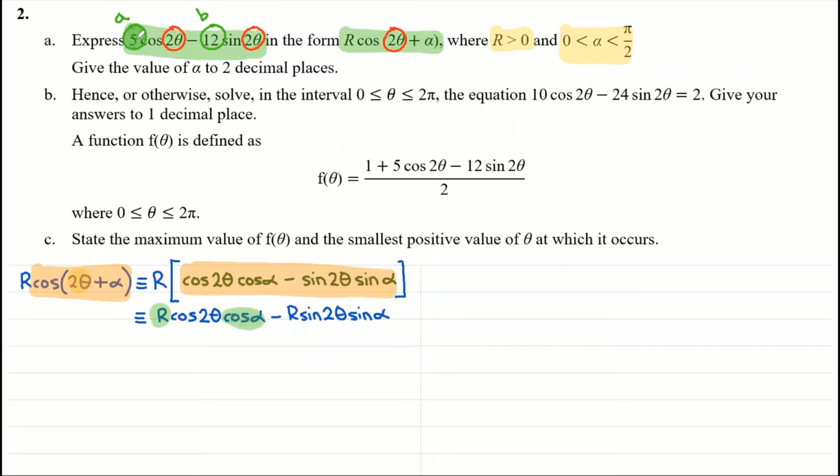So let's write down our first equation. So we have R cos of alpha must be equal to 5. All that is just comparing coefficients. They're the coefficients of cos 2 theta, aren't they? So we'll call this equation 1.